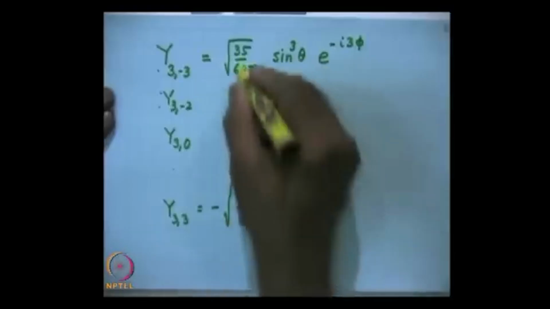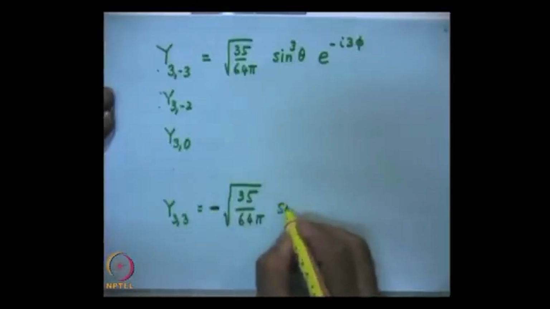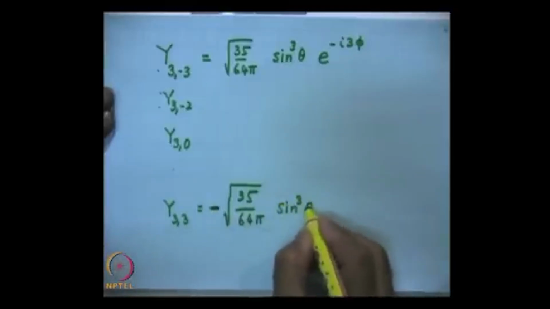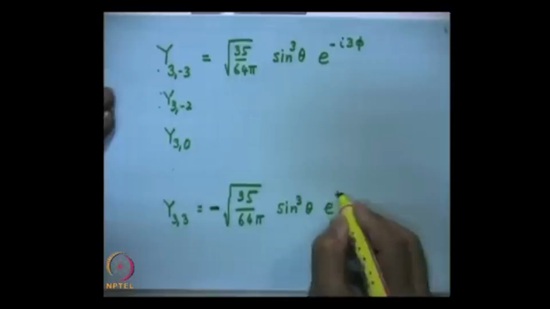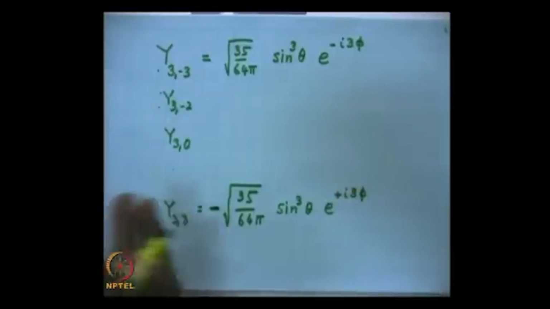This will be the same factor, but now it will be a minus sign here, sine cube theta, but the phi part will now be plus i3phi. So, I have told you the recipe for obtaining all these spherical harmonics, it is just working out patiently.